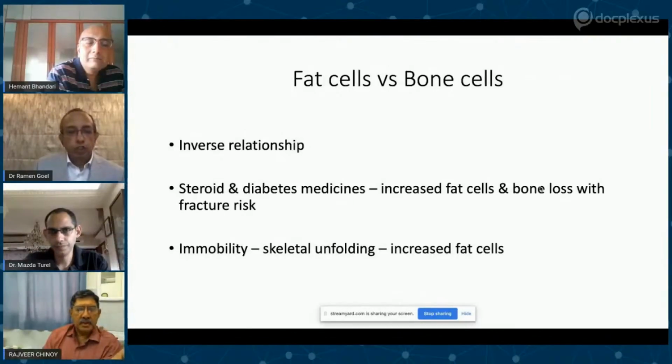Can I add something, Raman? Yeah, sure. Steroids act in three ways: one, directly with their own actions; two, increasing adiposity; and three, causing steroid-induced diabetes. And diabetes per se also causes bone loss or weakening of the bones.